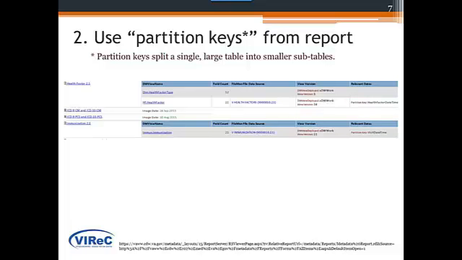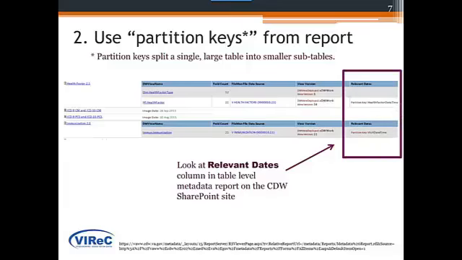On the left, you can see that I've expanded two domains, the health factor domain and the immunization domain, so that I could see the list of tables in the metadata report that are associated with these two domains. And if I focus my attention to the right-hand side, under the column called Relevant Dates, I can see the information I need about which keys in the tables, if they are present, would serve as partition keys for a query that I might write.